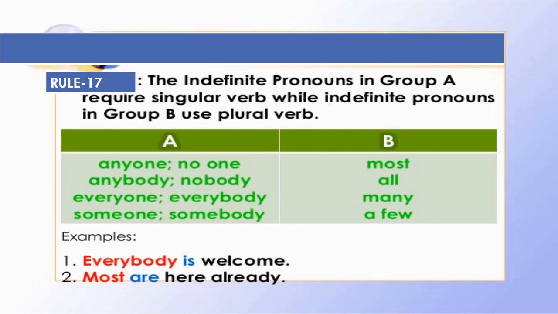In examples, we have everybody is welcome, or we can say anybody is coming. So with the pronouns in group A, we use the singular form of the verb. And with the indefinite pronouns in group B, we use the plural form of the verb. Example, most are here already.